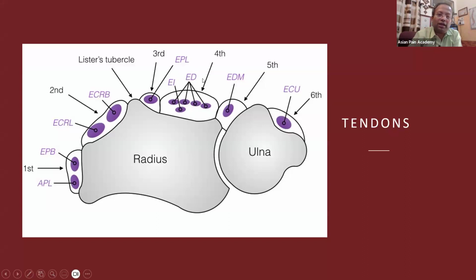So this forms compartment number 4. Extensor digiti minimi is for compartment number 5, just above the radioulnar joint. Extensor carpi ulnaris, above the styloid process of ulna, forms the 6th compartment. So this much you must remember, then only we can proceed to diagnosing a patient.